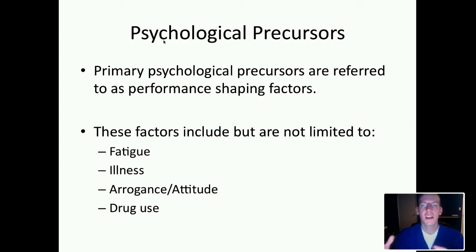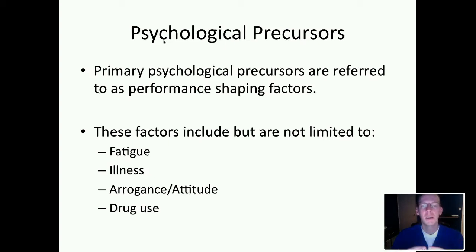Finally, you have the psychological precursors. So you've got the equipment, you've got the environment, and now you've got the individual who may contribute to a crisis. Primary psychological precursors are referred to as performance shaping factors. What makes someone perform the way they do? They're listed here. This is not an exhaustive list, but there are a few here, so let's talk about them.